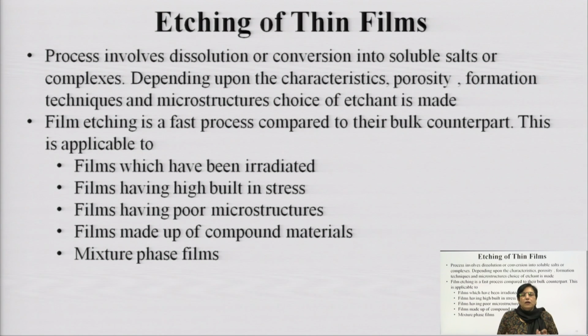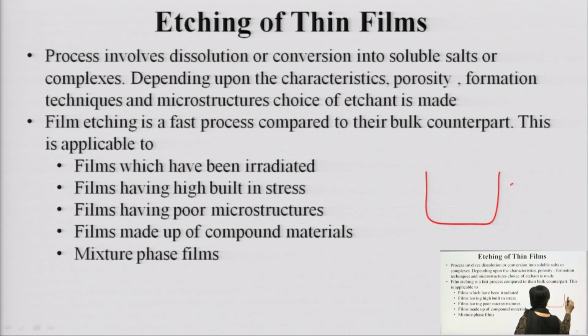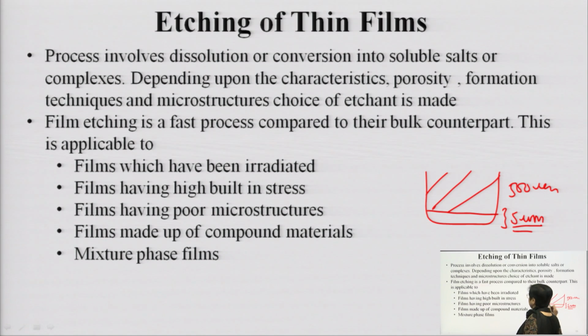Now, you know already that etching a thin film is very difficult as compared to bulk. Suppose I have an area of 500 micrometer and I want only a 5 micrometer film and the rest I want to etch. Under such a situation it will be very difficult for me, and this is the necessity in my smart sensors. So, I can make use of different techniques.